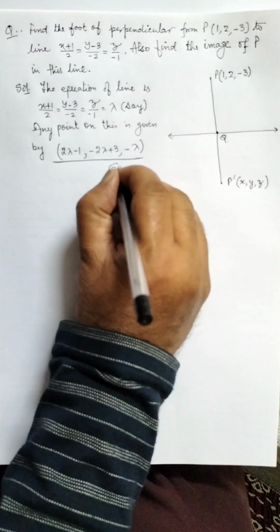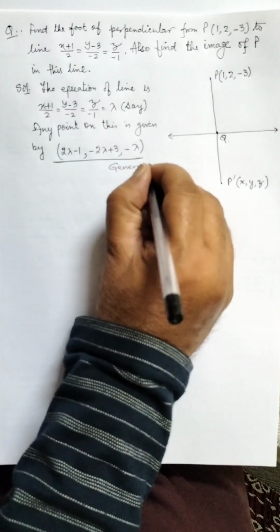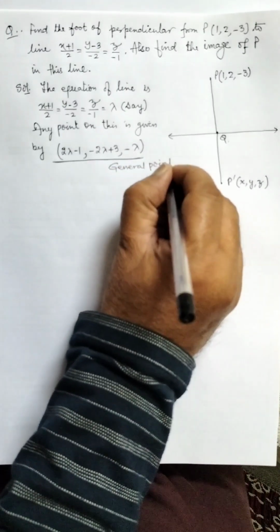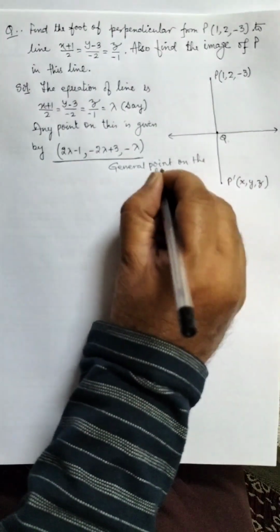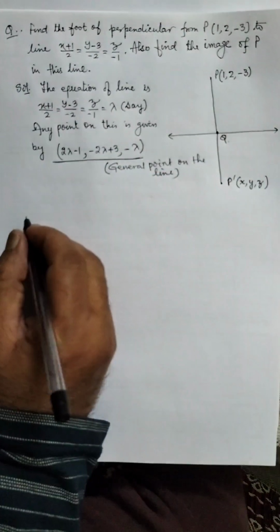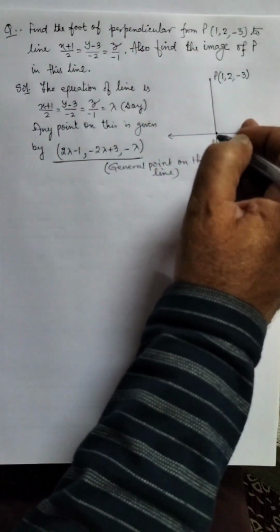This is a general point on the line. Now PQ is a vector.